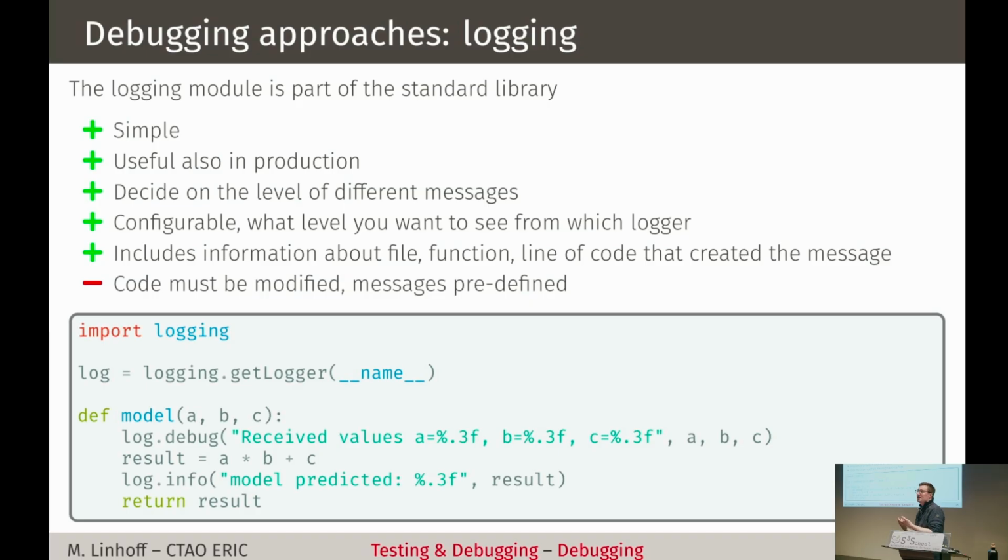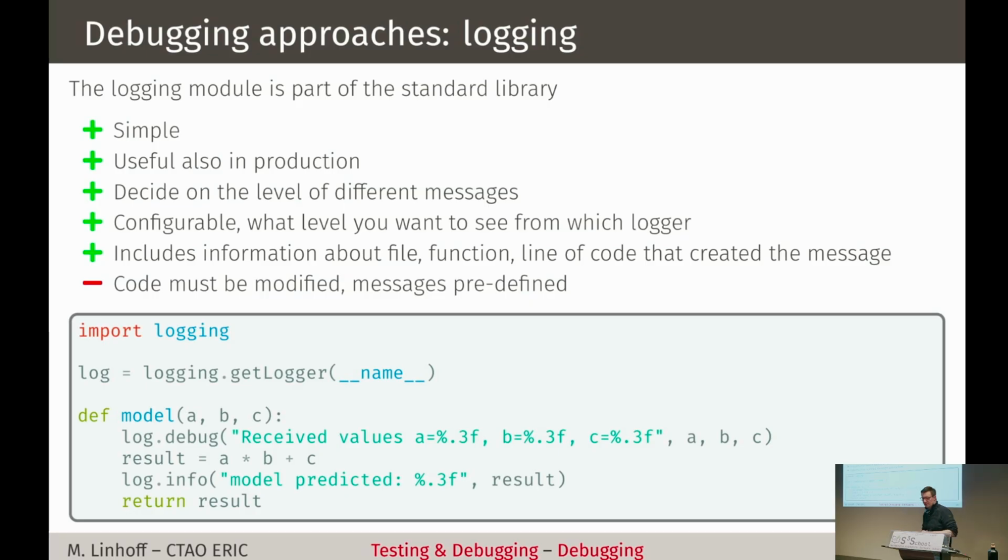But then if you are investigating an issue, maybe you rerun the code again, but you say that you also want to see the info messages or the debug messages. And you can even configure this per logger name. You can say, from this logger, I want only the warnings, and from this logger, I want the debug information, so that you can go really fine-grained and not be flooded in debug messages from modules that you know are working fine, but just the debug messages from where you suspect the bug.